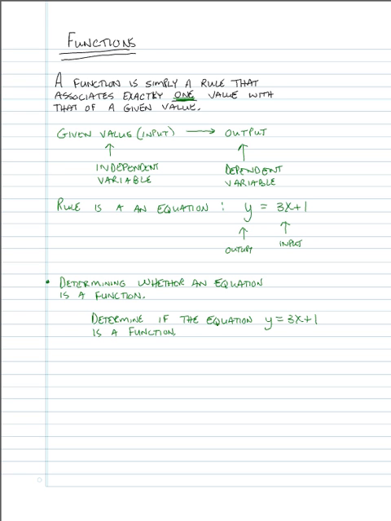And by the way, in this case, we say y is a function of x. And the idea is no matter what x we choose, we'll get one and only one y. And that's very clear just from the equation. No matter what x we choose, we're going to multiply it by 3 and then add 1, and that will always result in 1 y. So 1 x gives 1 y.